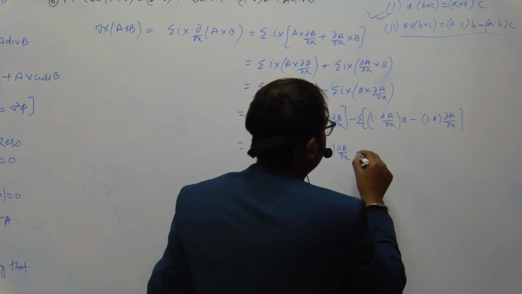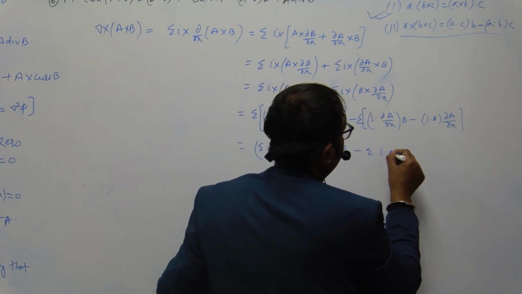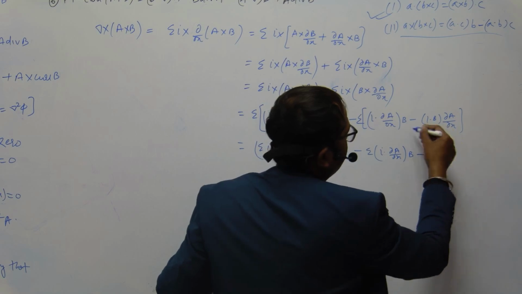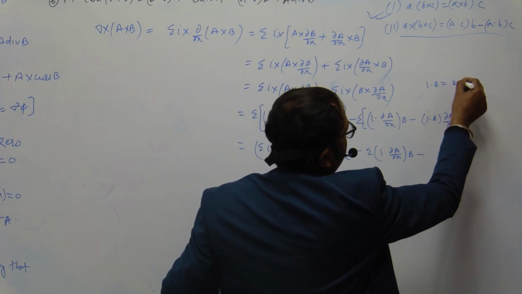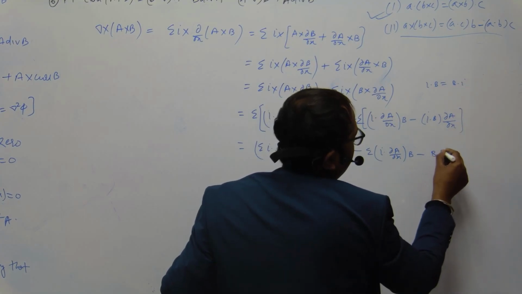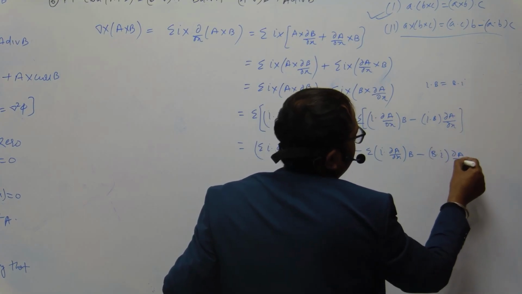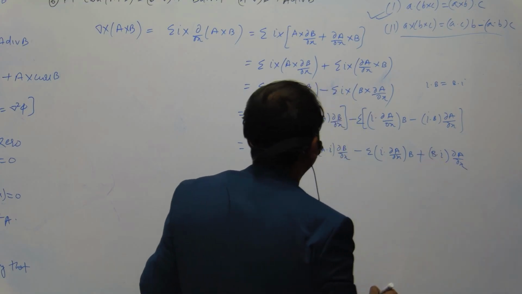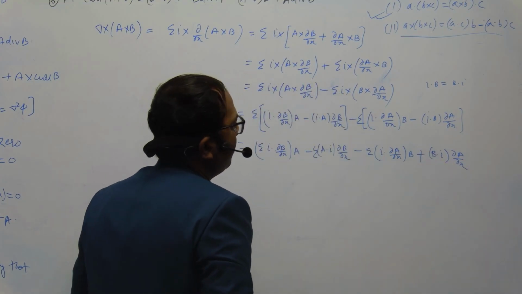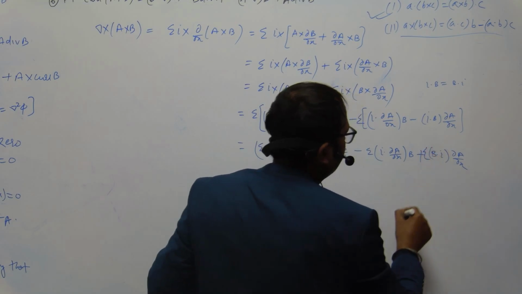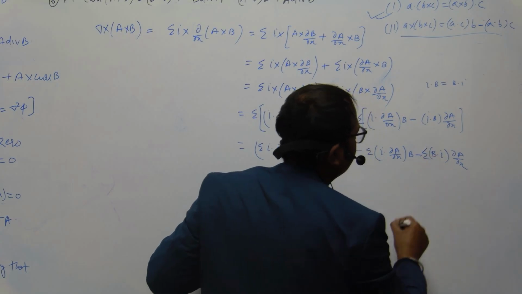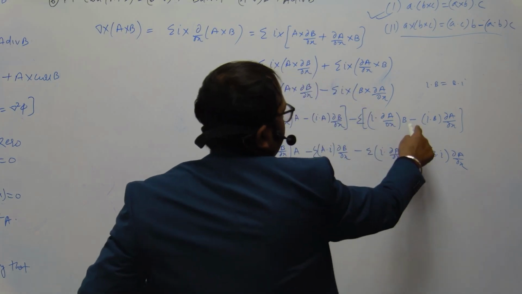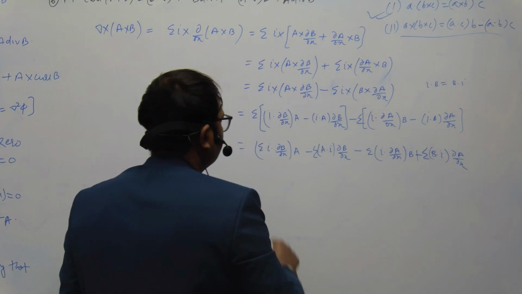This is minus summation i dot del a upon del x into b minus, we can change this, i dot b we can write as b dot i. So this is b dot i into del a upon del x. This will be plus, and this is summation. This is minus minus plus. Okay, so let us further simplify this.